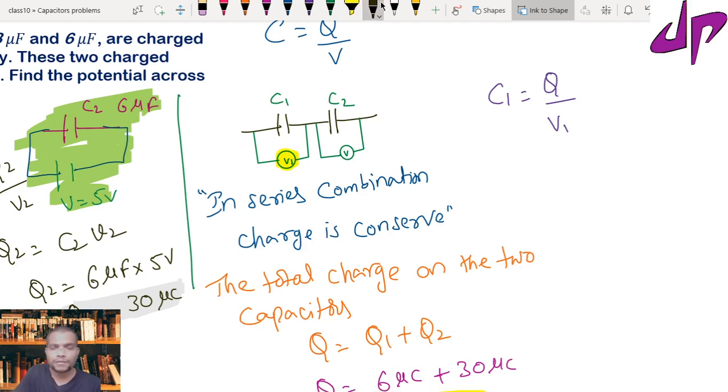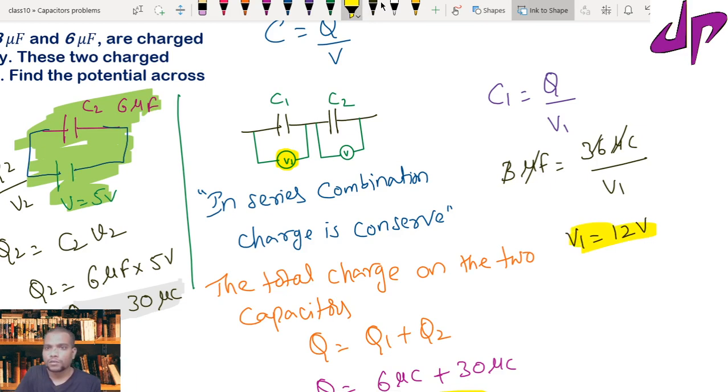The C1 value is 3 microfarad, which equals 36 microcoulomb upon V1. Cancelling micro on both sides and 3 in 36, the potential V1 equal to 12 volt. So the voltmeter here shows 12 volt.